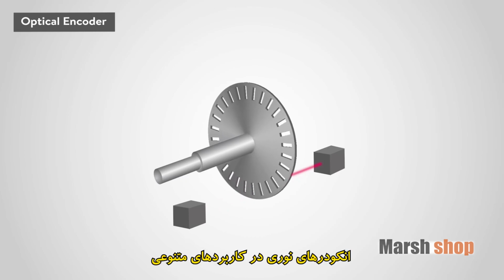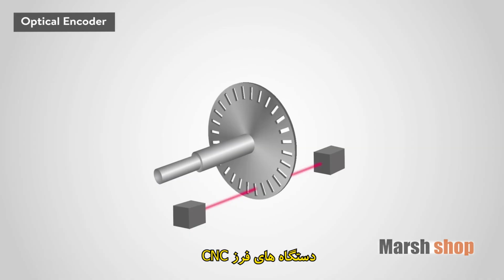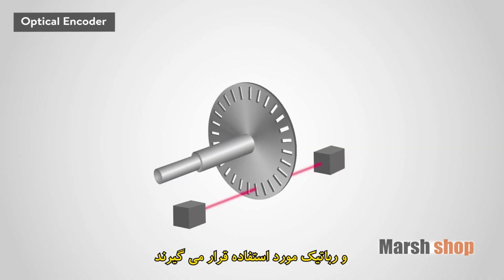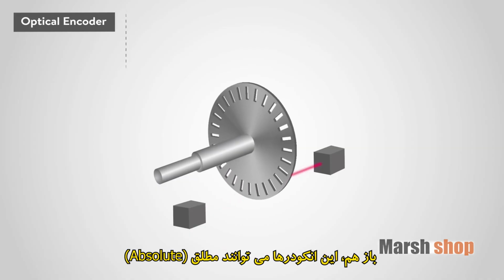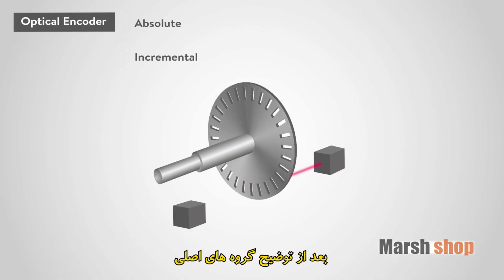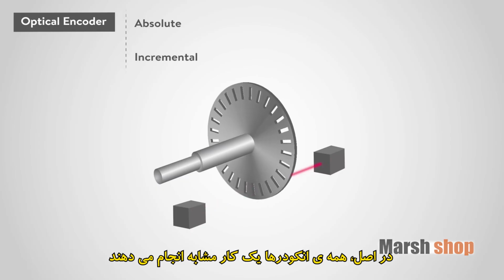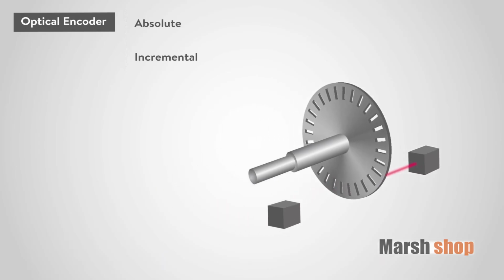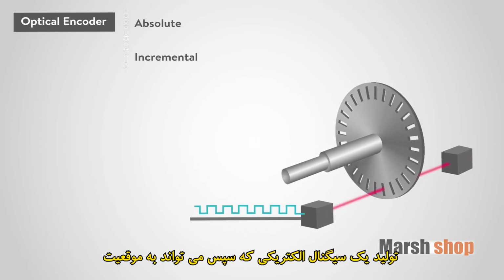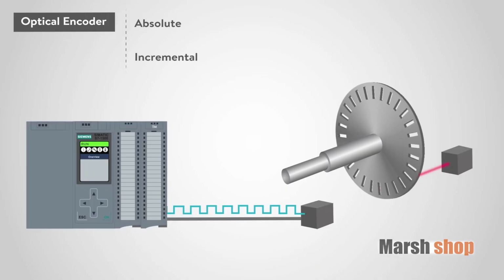Optical encoders are used in various applications, such as printers, CNC milling machines, and robotics. Again, these encoders may be absolute or incremental. After explaining the main groups, you may be seeing a pattern. All the encoders basically do the same thing, produce an electrical signal which can then be translated to position, speed, angle, etc.